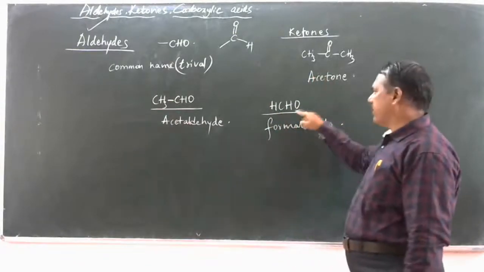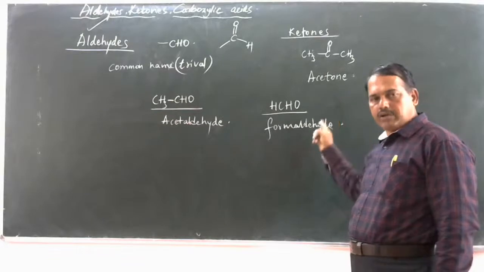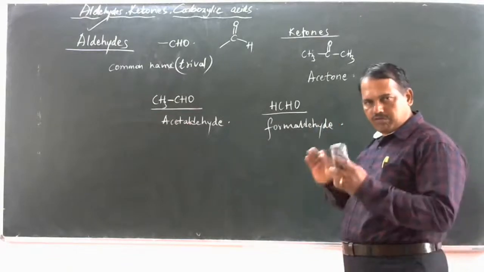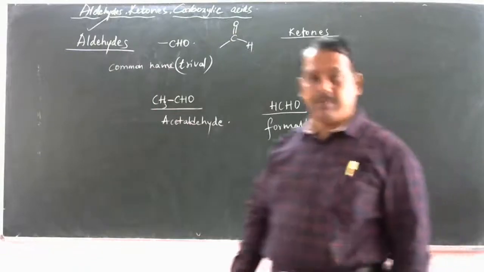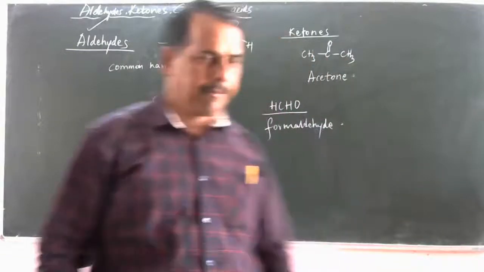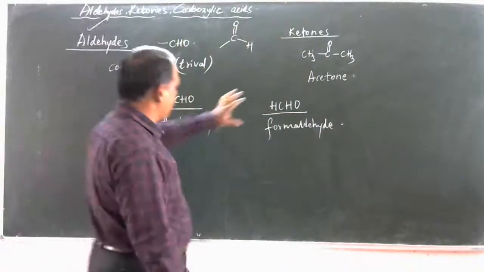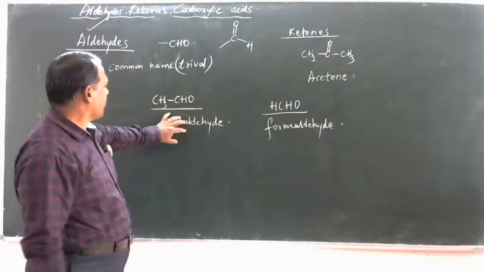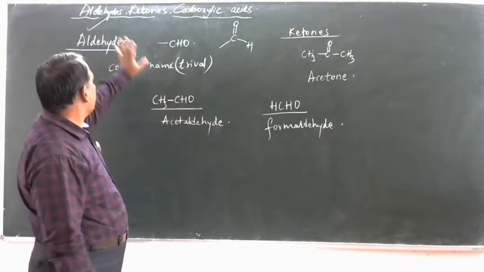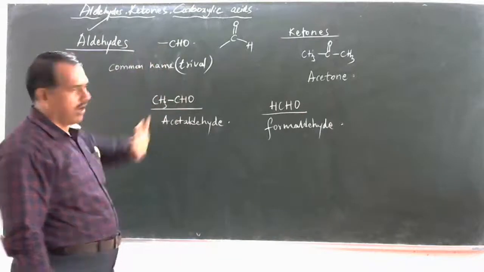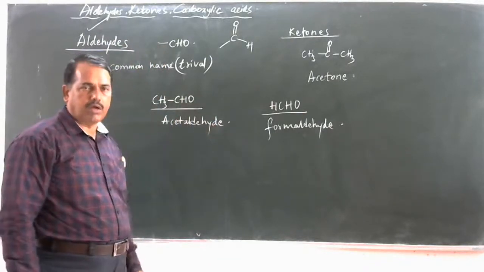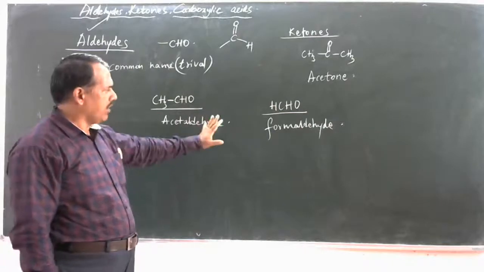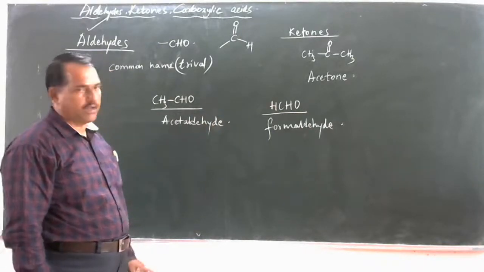If you add water to this, it is converted into formalin, which is used to preserve biological specimens in the laboratory. So this is formaldehyde and this is acetaldehyde. Aldehydes and ketones are well known by their common names. Are you clear?